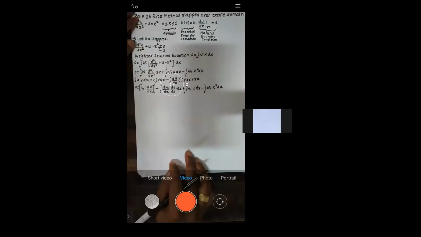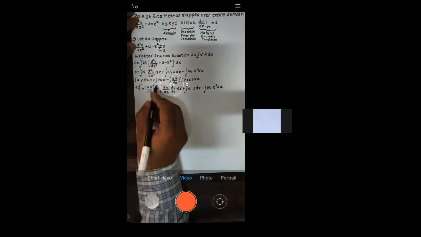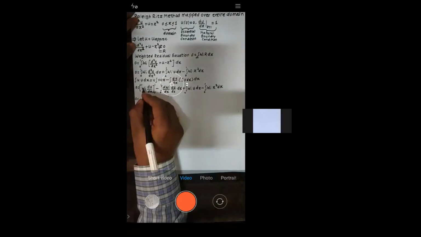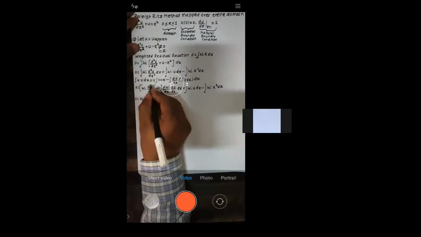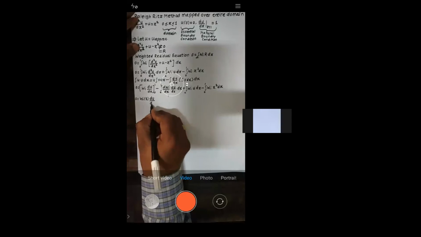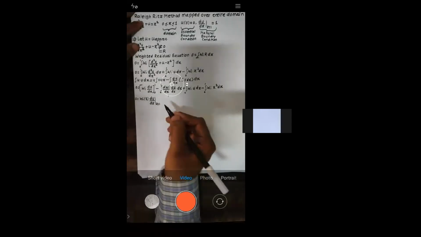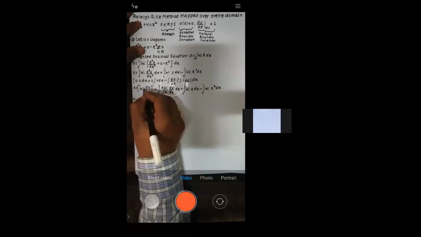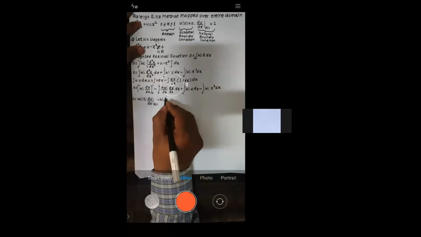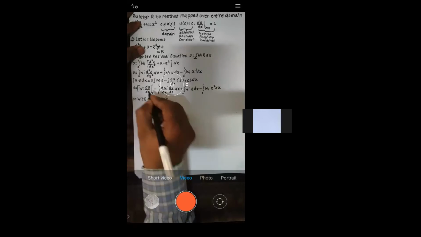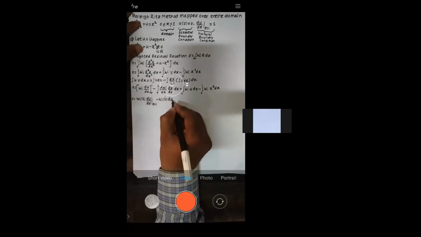You integrated it, so you're supposed to give the limits. So 0 is equal to, I need to give the limit: weight function at 1 into du/dx at x equal to 1, minus the weight function at 0 into du/dx at x equal to 0.